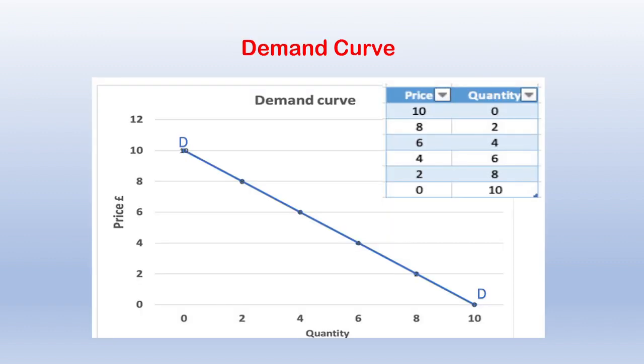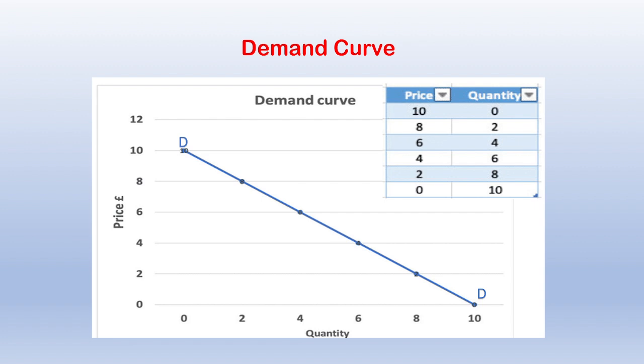Then there comes the demand curve. As you can see, the demand curve is a downward sloping demand curve. This is a DD demand curve, which is made on the basis of the demand schedule given at the right corner of the screen. That is the price and quantity.